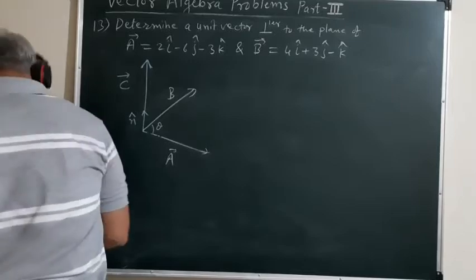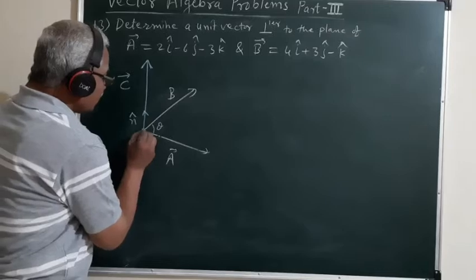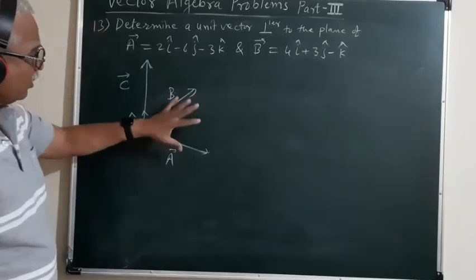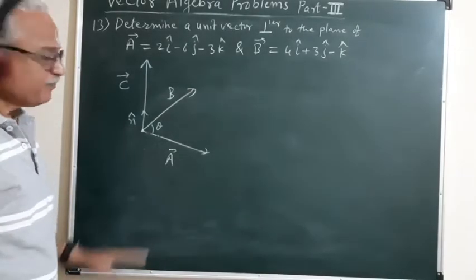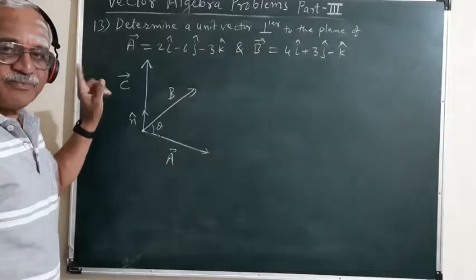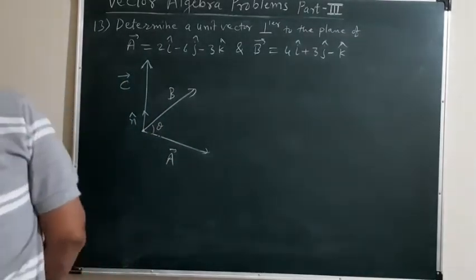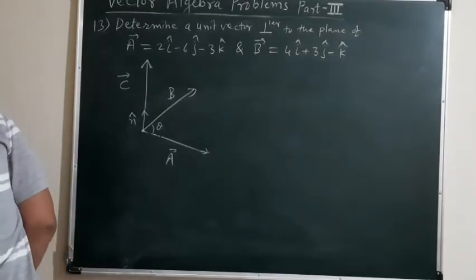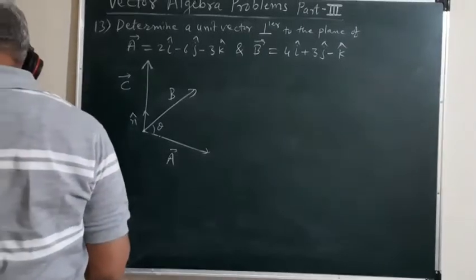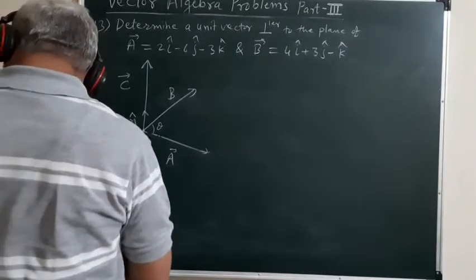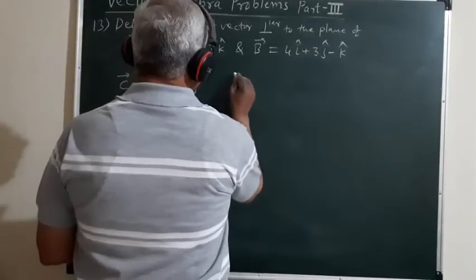While obtaining the unit vector in the direction perpendicular to the plane containing the two given vectors A bar and B bar, let us first obtain the vector C bar perpendicular to the plane of A bar and B bar. So let C bar be perpendicular to the plane of A bar and B bar.